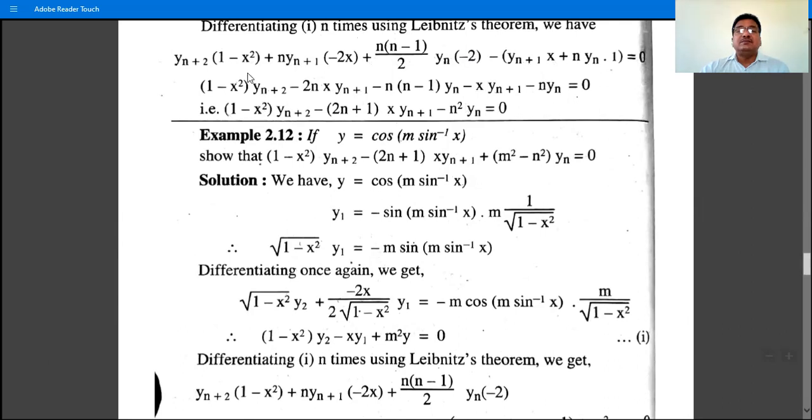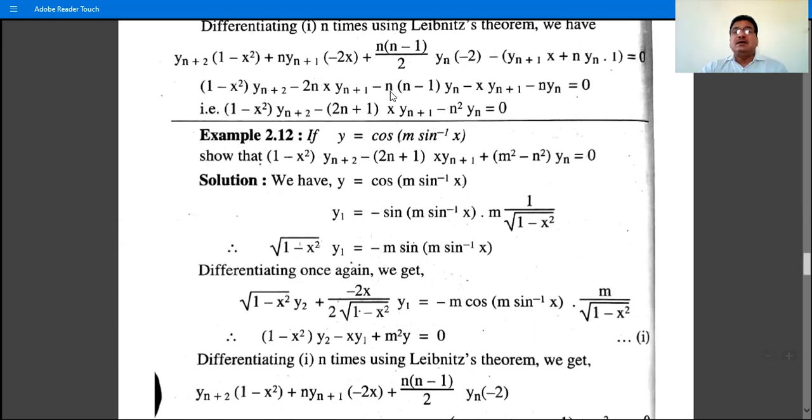Then collect the terms: take x y_{n+1} and the negative sign common, so we have (2n+1) in bracket. Out of the other terms, take y_n common with the negative sign.